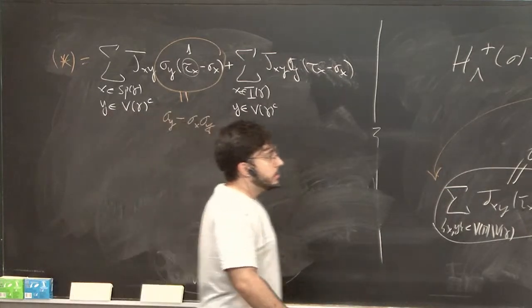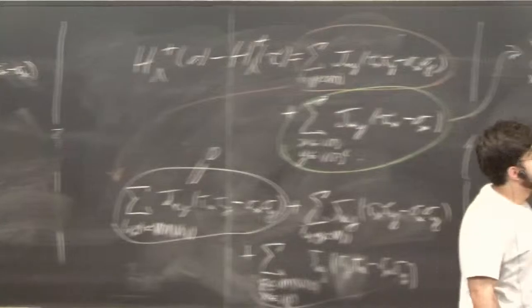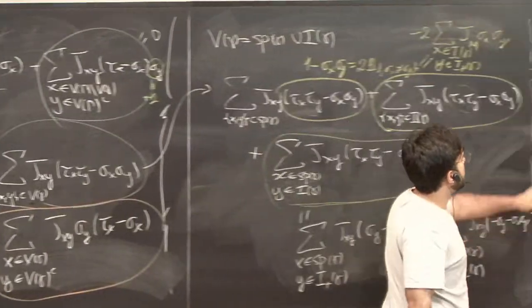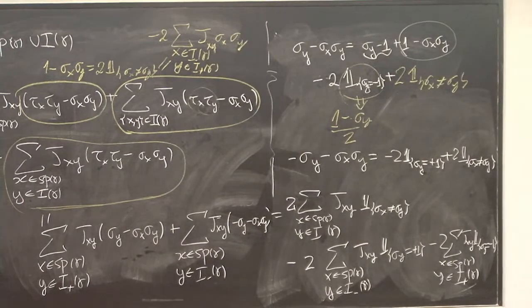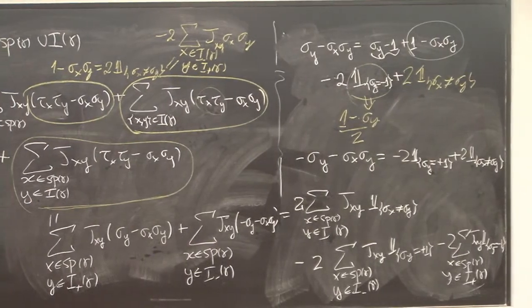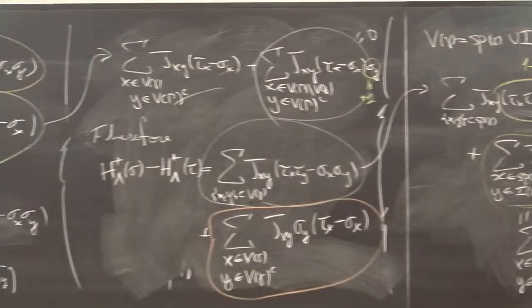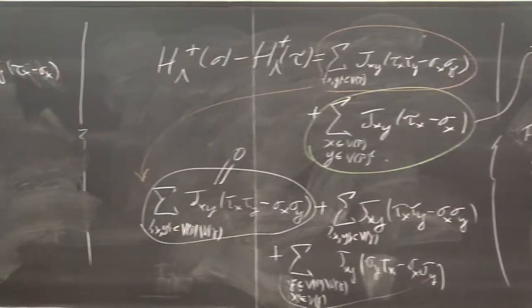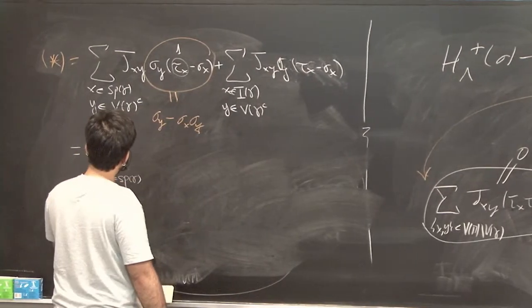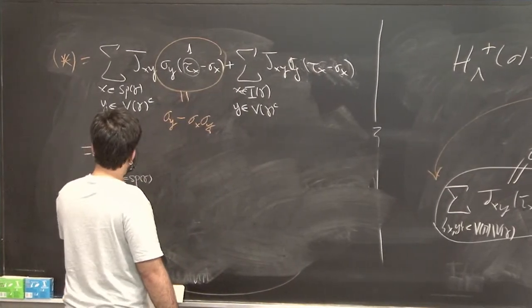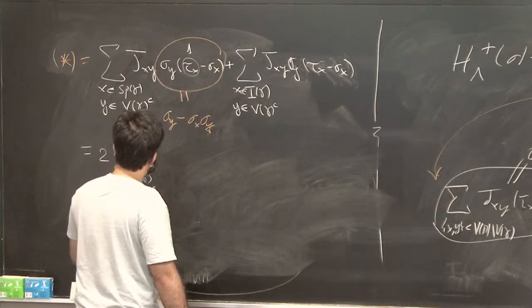And I already know that this decomposition holds. So then I can write the orange part as 2 times the sum over x inside the support of gamma, y the complement of gamma.